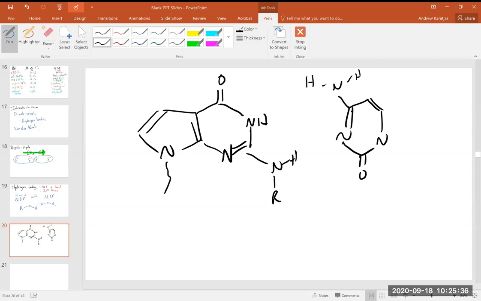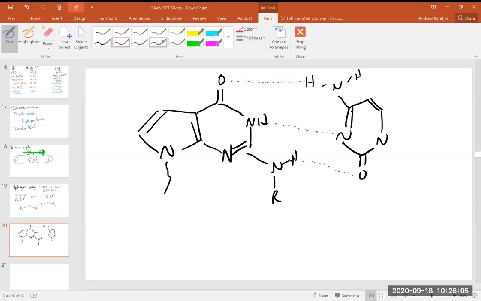So we have these two molecules here. And when they line up, this oxygen up here at the top can form a hydrogen bond with the hydrogens on this nitrogen. This nitrogen here lines up to form a hydrogen bond with the H on the nitrogen. And we get a third hydrogen bond between these two molecules down here at the bottom.